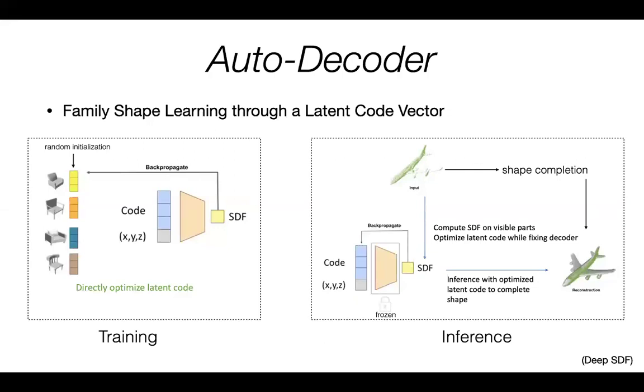But you can, in the first phase, learn the code by backpropagation based only on those samples. And then after you do that, you do shape completion because you have a network that knows the other side that was not given, and things like that. So that's something very ingenious about this autodecoder, and it has many applications.